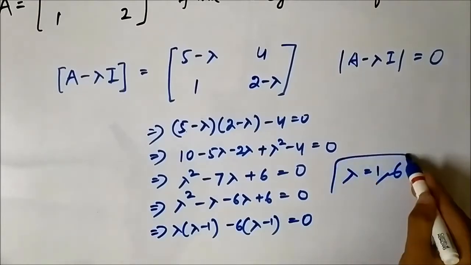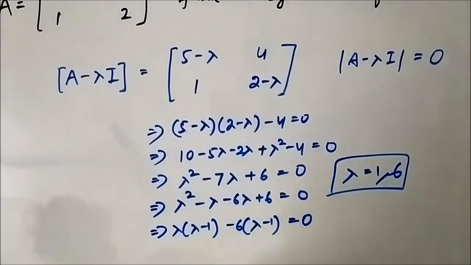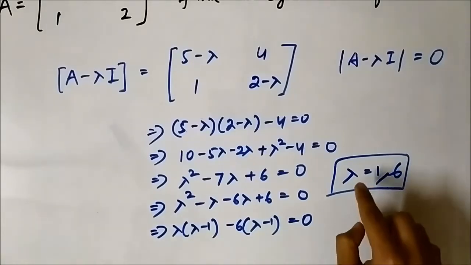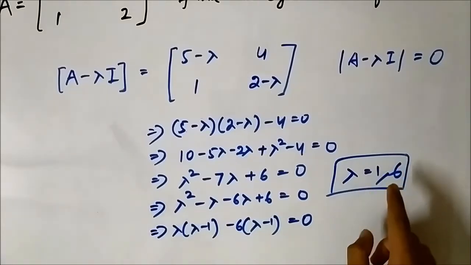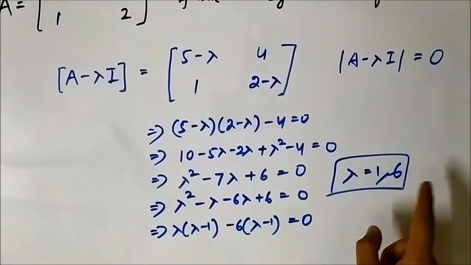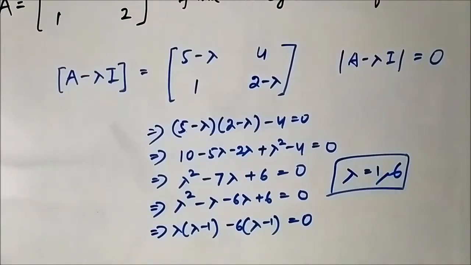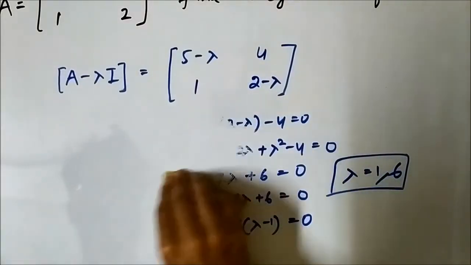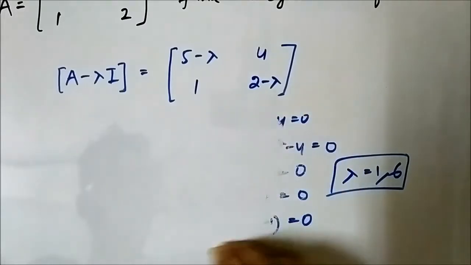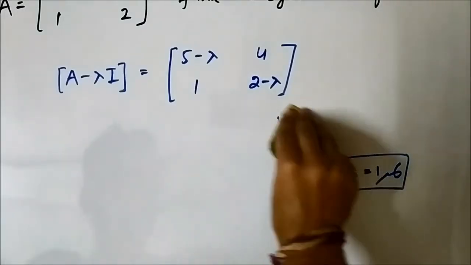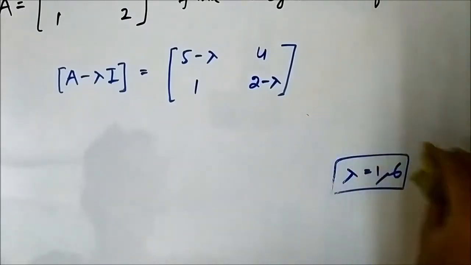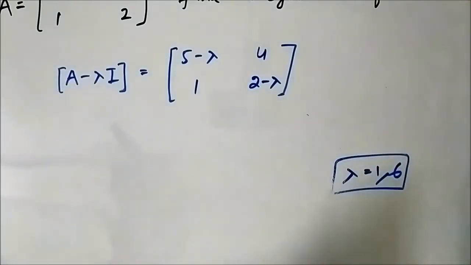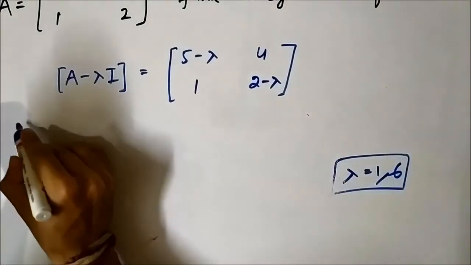These are the two eigenvalues. Now we have to find out the eigenvectors corresponding to these two eigenvalues. It means for each eigenvalue there will be a separate eigenvector. Let us erase this part. Let us write down the eigenvalues.